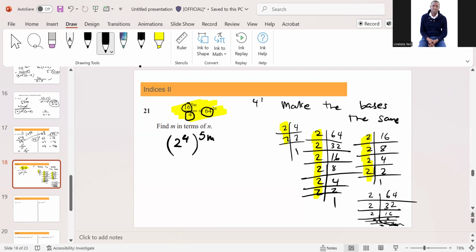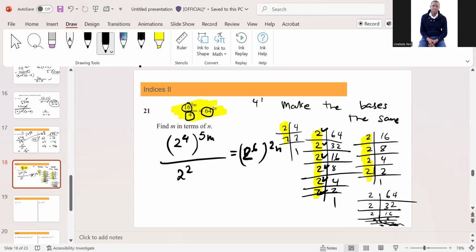Then at the bottom, the 4 is going to be 2 to the power of 2, equals 2. This is 64. So 64, how many 2's are those? That's 1, 2, 3, 4, 5, 6. So that would be 2 to the power of 6, 2n.